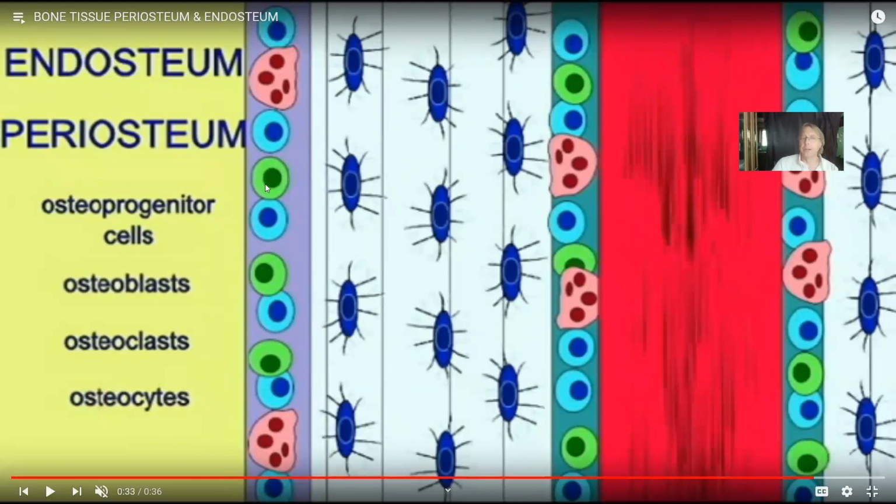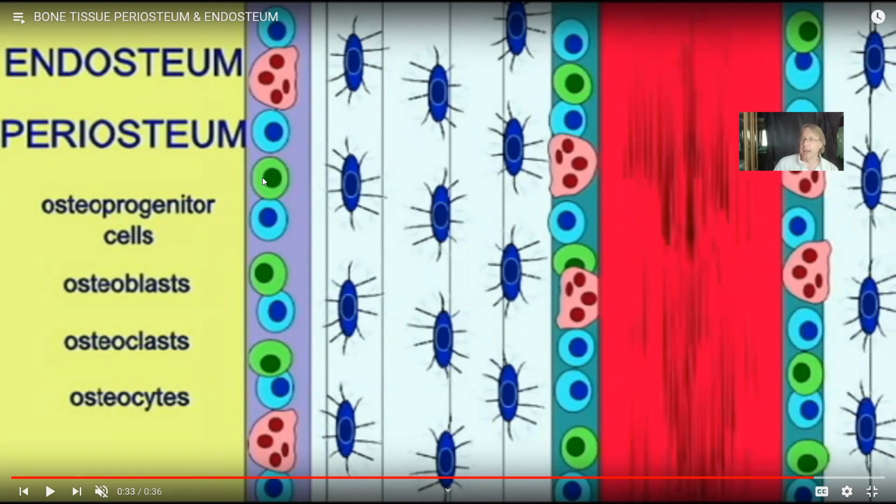And this would include here in green the osteoprogenitor cells. Osteoprogenitor cells can divide and become either chondroblasts to make cartilage, if that's what you need, or osteoblasts and make bone. So cartilage and bone are connective tissues which are made by the descendants of the same stem cells.